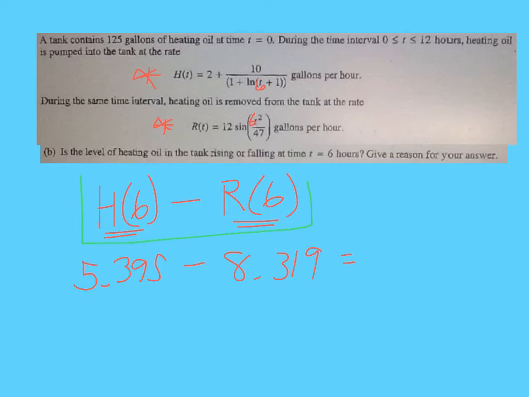If I actually do the calculation, 5.395 minus 8.139, I'm going to get negative 2.744. So I can say that the level of oil is decreasing. At 6 hours, we're removing more oil than we're adding.